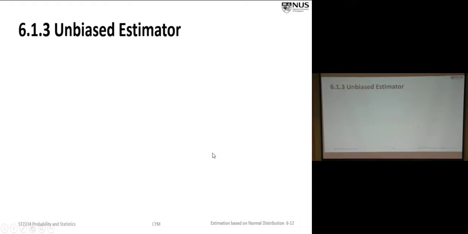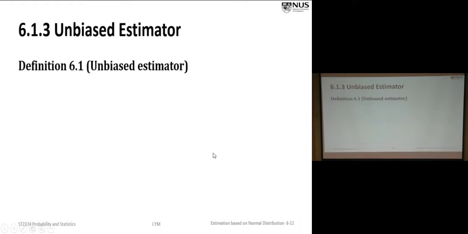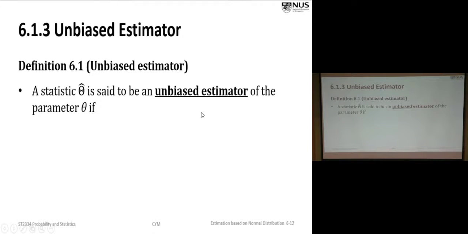All right? Let's sidetrack a bit to talk about properties of estimators that we want. So an unbiased estimator is what we want. An estimator is an unbiased estimator for parameter theta if its expectation is equal to the parameter that you want to estimate.